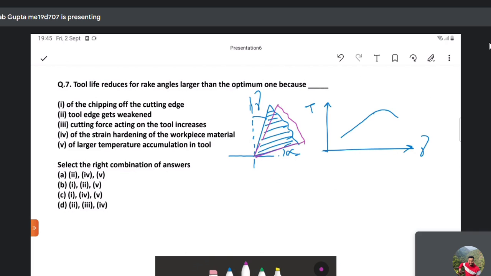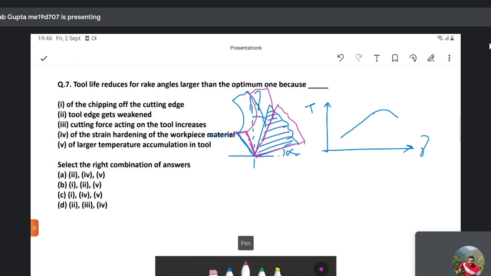As the shear length is reducing, in the first case your chip would look somewhat like this. This would be your shear length. But in the second case, your chip would look something like this. This will be your shear length. As you can see, the shear angle has increased and the shear length has decreased.